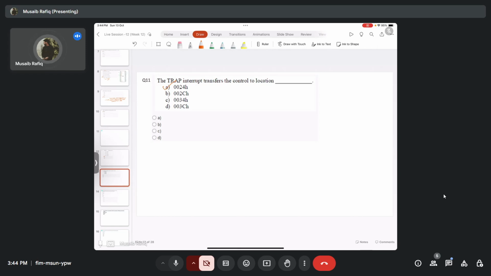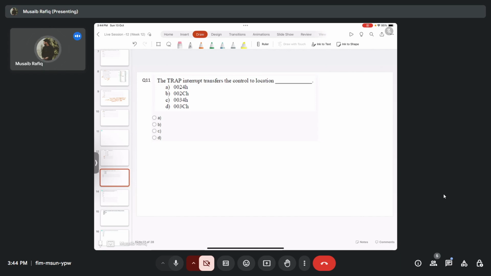When the RST 5 instruction is executed, it transfers the program execution to the appropriate entry in the interrupt vector table. The vector address will be 5 multiplied by 8, that is 40. This is question 11.